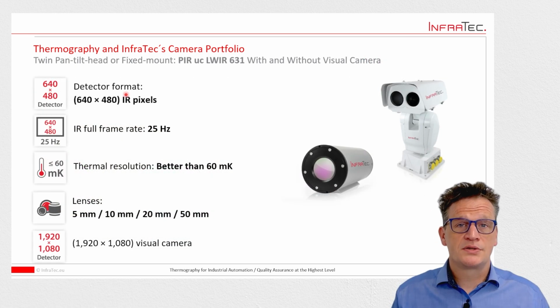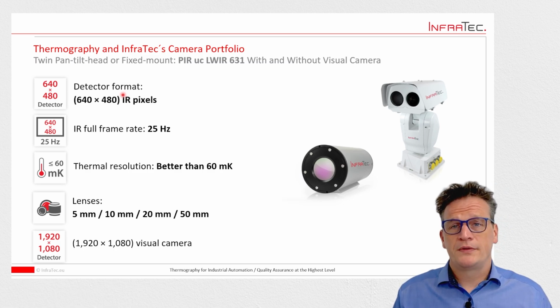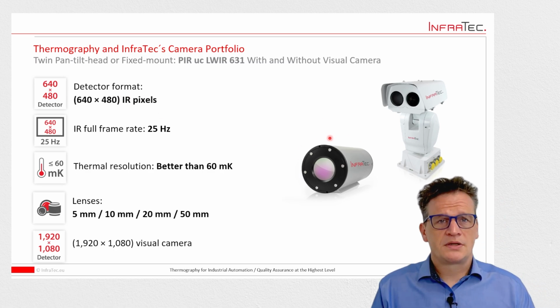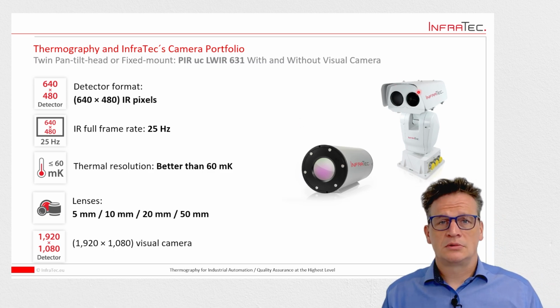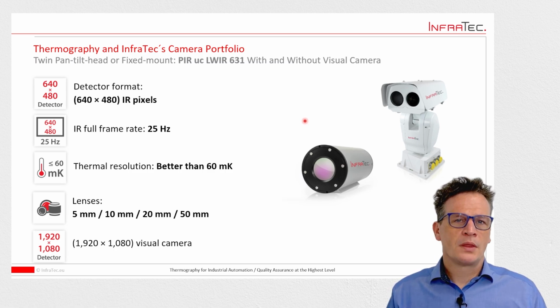Here's an exciting solution for special applications: the Pyroview long-wave infrared camera 631. This compact, lightweight camera is available with or without a visible light channel, ideal for inspection tasks requiring both infrared and visible reference images.